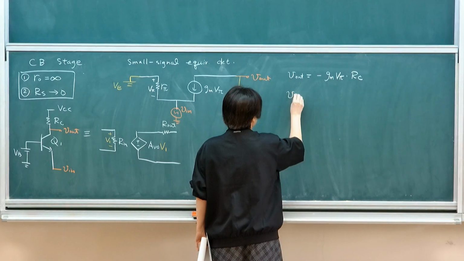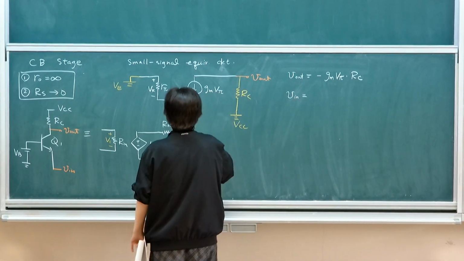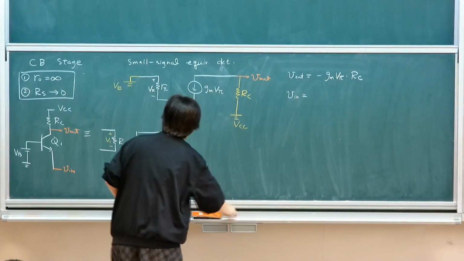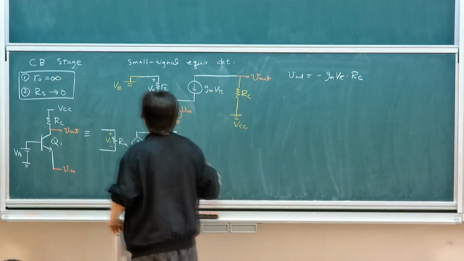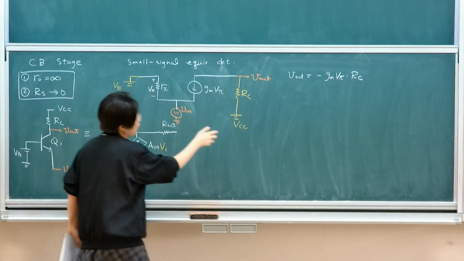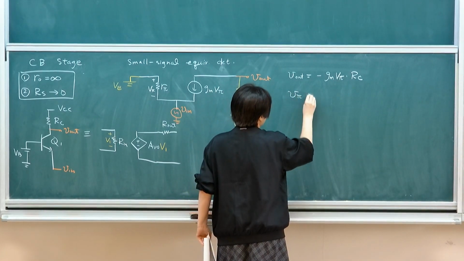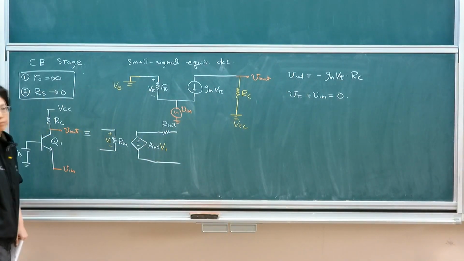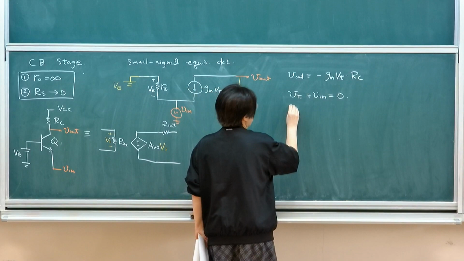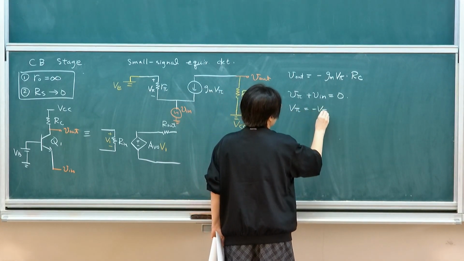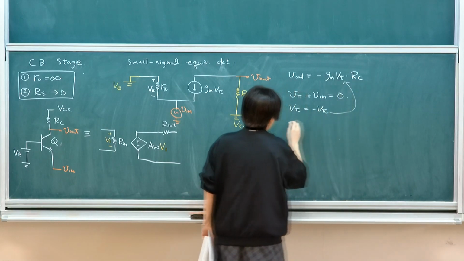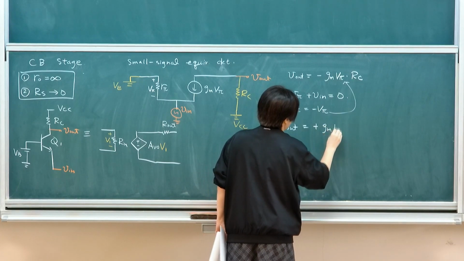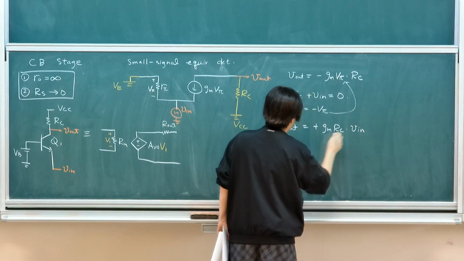And my input voltage here, if I write down this loop, will be V pi plus V in equals 0. Okay? So then I know that V pi equals minus V in. Therefore, you simply insert that back. My V out will be GM RC V in.